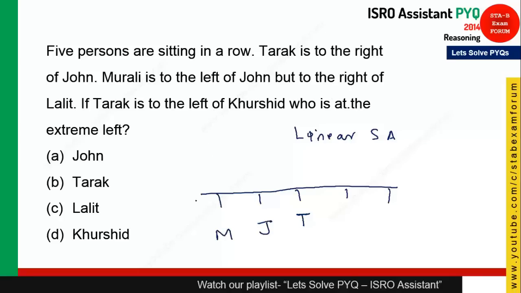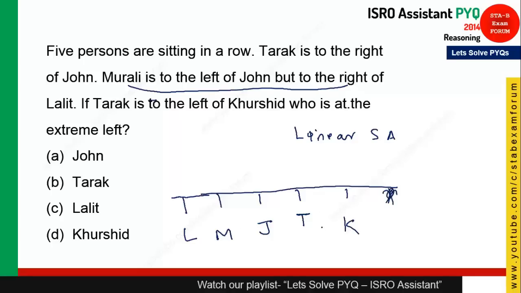So this Murli is right of Lalit. If Tarak is to the left of Khurshid, so this is Khurshid, and Tarak is left of Khurshid, so this is gone.